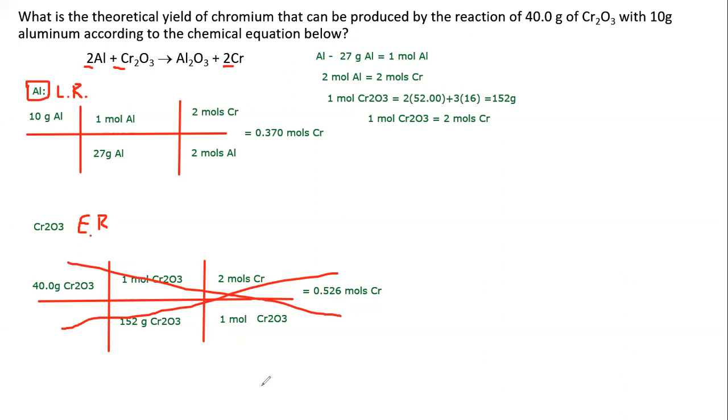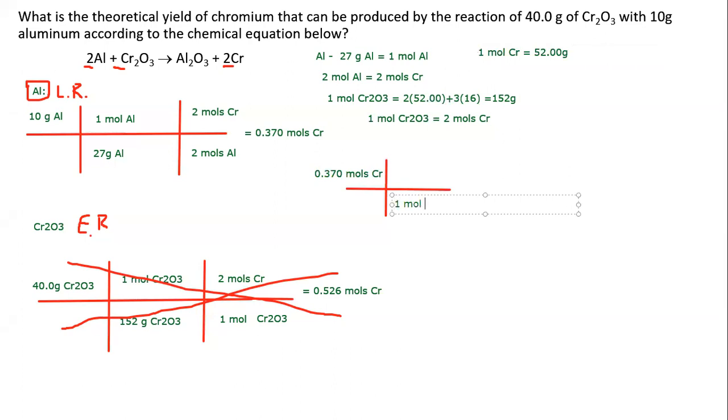So now we want to convert the moles of chromium produced by the limiting reactant to grams. So we're starting with this many moles of chromium. Now remember, 1 mole of chromium is equal to 52 grams. So since we're starting with moles, in order to convert this to mass, we have to multiply by the molar mass.